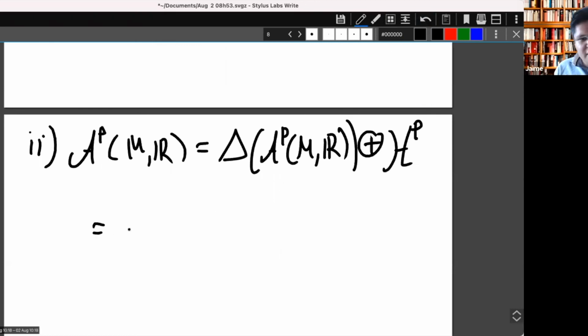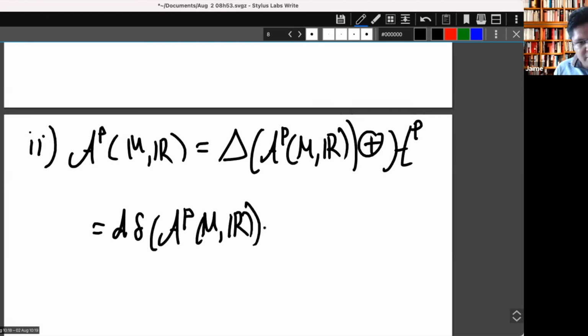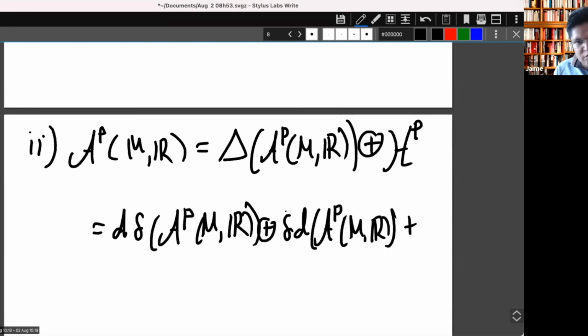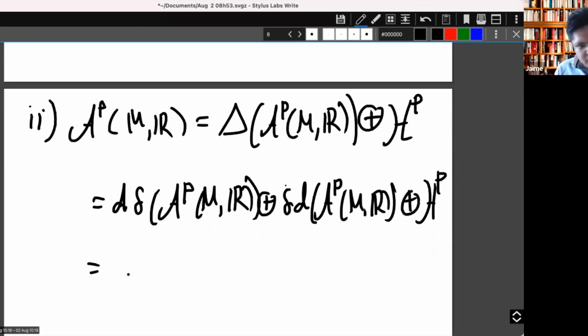So this is this, which is also this plus delta d of, that should be the same, plus H^p, but also this should be just d of A^(p-1).